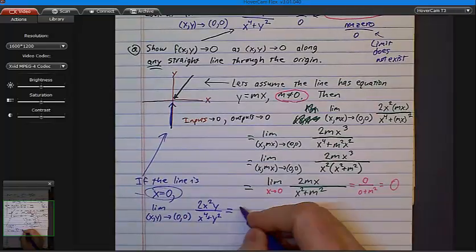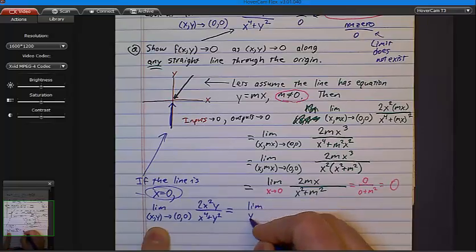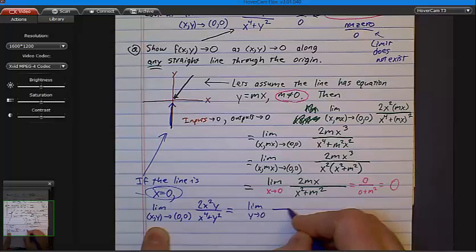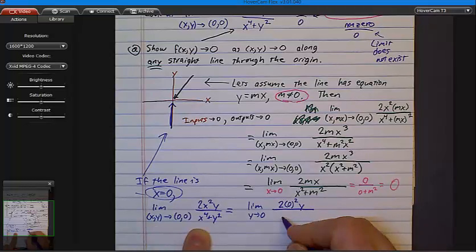So you could fill in, since I know x is 0, this is just the limit as y approaches 0 of 2 times 0 squared times y over 0 to the 4th plus y squared.